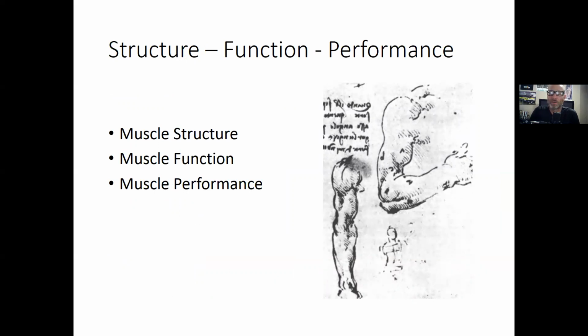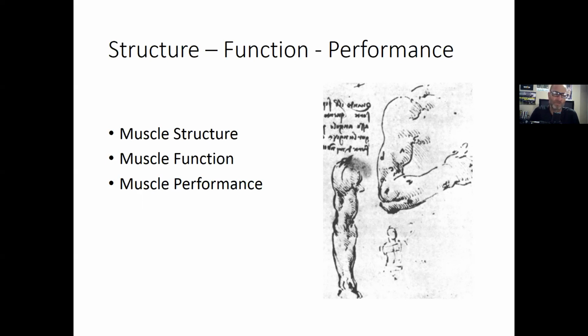Ultimately, we want to take all of this information to understand human performance. But in order to understand human performance, we need to know how muscles are built, the ligaments, the tendons, the connective tissue, how the sliding filament, the parts of the sliding filament and the sarcomere that are important to know about.